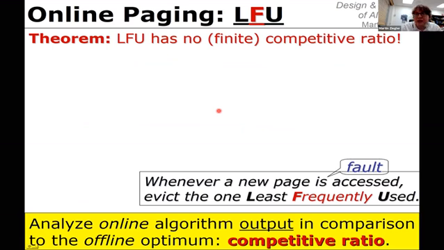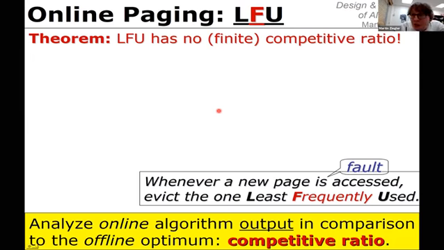And again, it is easy for a caching algorithm to maintain such a counter, and then choose the page to be evicted depending on which one has the smallest counter value. This is the least frequently used page. But we've also proven that this heuristic, which maybe also seems reasonable, is much worse than least recently used. Namely, we've proved that this has no finite competitive ratio. So it's not k competitive.